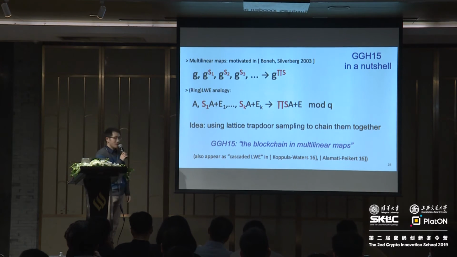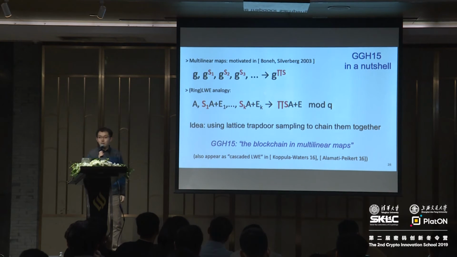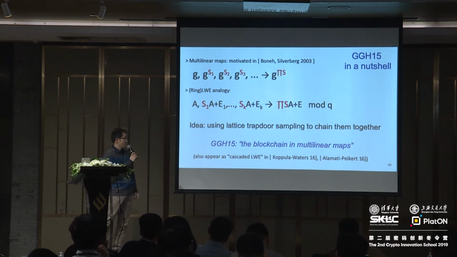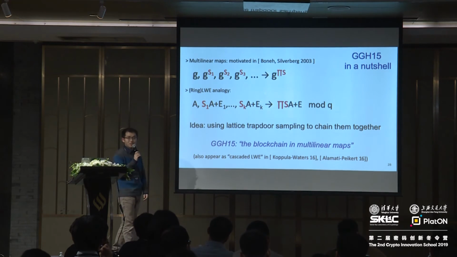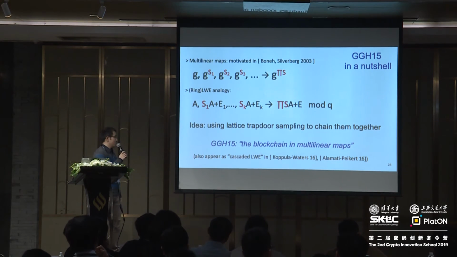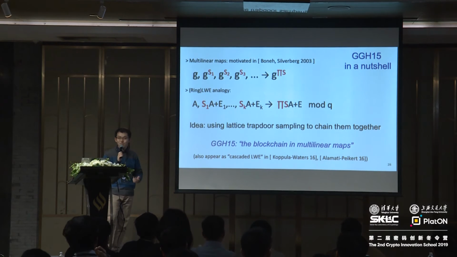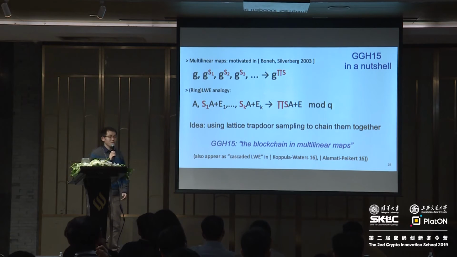And by the way, I would like to also mention that this idea of chaining LWE samples also appeared in the work of Koppula and Waters and Alamati and Peikert in 2016. So I think it's also fair to attribute to them, as independently proposing the same idea.